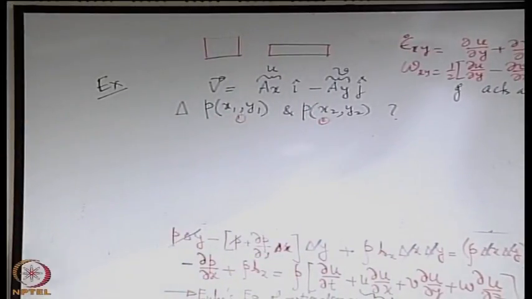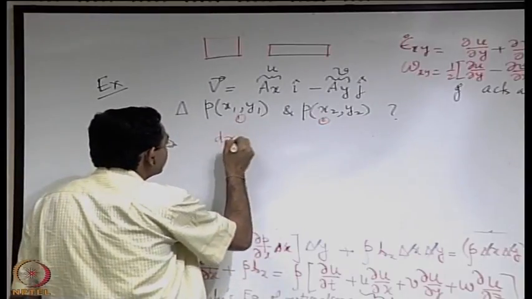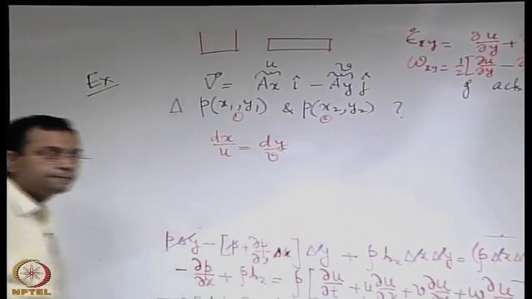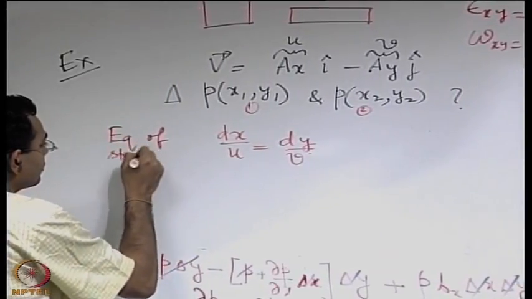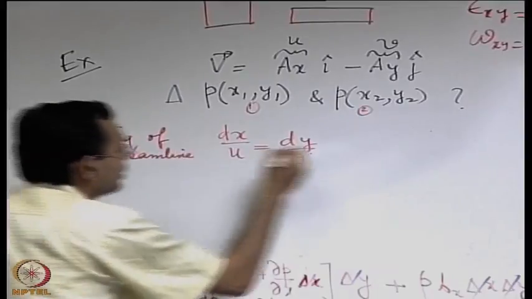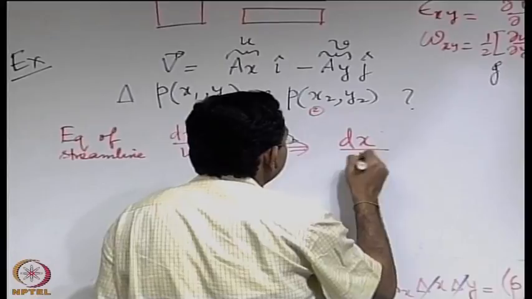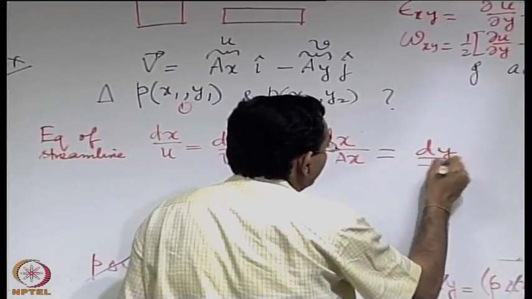So if you write the equation of the streamline, it is dx by u is equal to dy by v, right. This is the equation of the streamline. So you have dx by ax is equal to dy by minus ay.